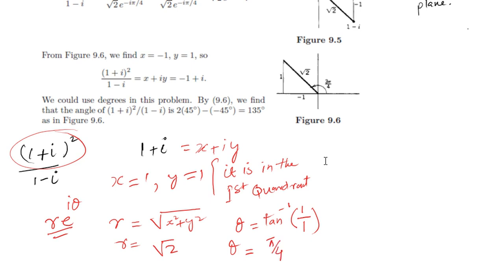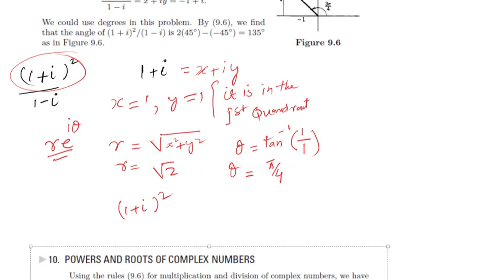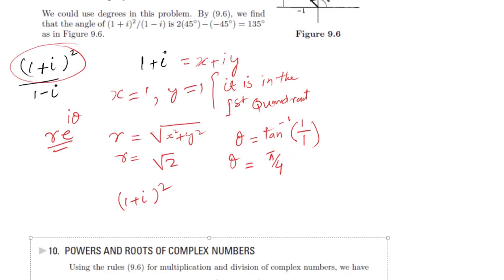This is very simple until now. And what you do, you just take this (1 plus iota) squared and insert the values r e to the power iota theta. Theta is now pi by 4, and now you square it because you have a square in the original formula.